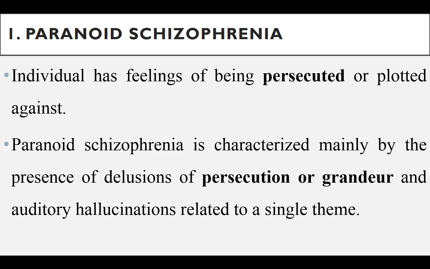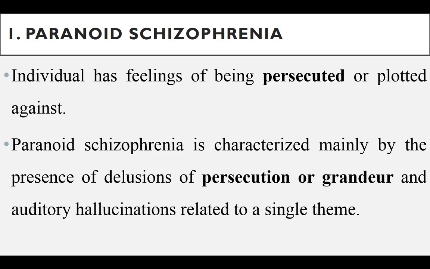Because I am big, because I have so much money, because I won a lottery of 1 crore, now everybody wants to be my friends. Why? Because they want my money. Or all the family members are nice to me because they want it, or they want to kill me because they want my money. So all those are persecutory delusions. Now what is the grandeur delusion that I have?